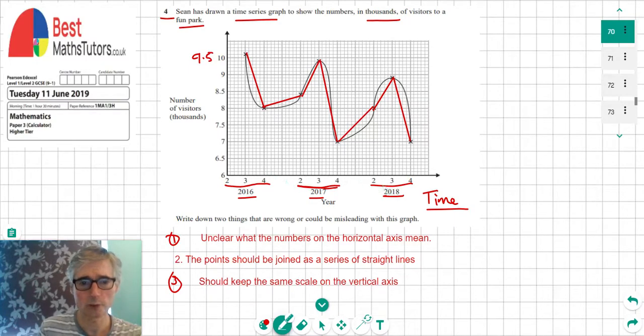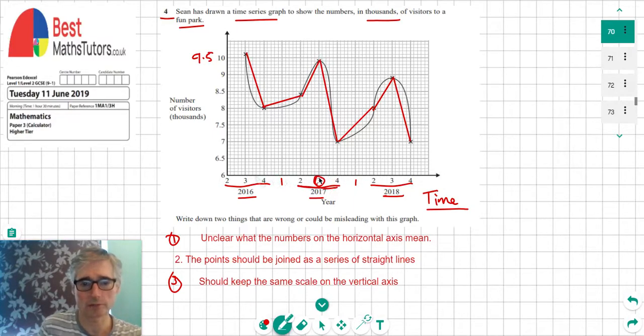It would be usual to split the year into quarters quite commonly. I think this is what the attempt has been here, where we would have quarter 1, quarter 2, quarter 3, quarter 4 for each year. This will be very common in a question like this, where we might have seasonal variations. So we might expect more visitors to the park in the summer, which might be quarter 3, as it's got here.